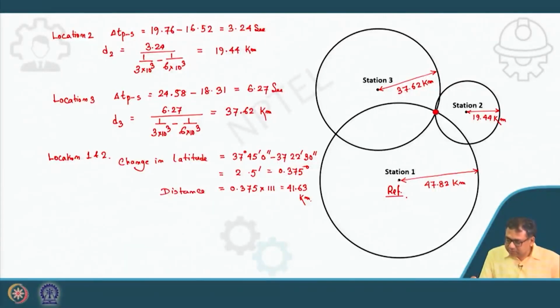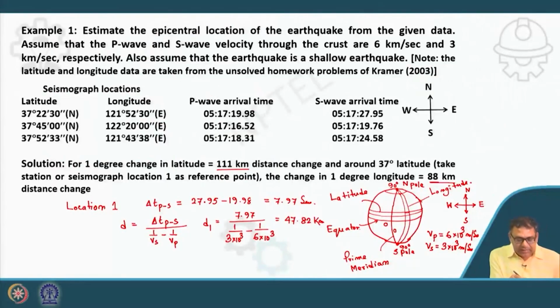So, this is 1. So, you can see that this is 37 degree 45 minute and this is 37 degree 22 minute 30 second. So, that means location 2 is towards the north compared to location 1. Okay?